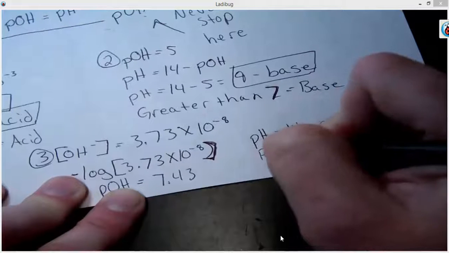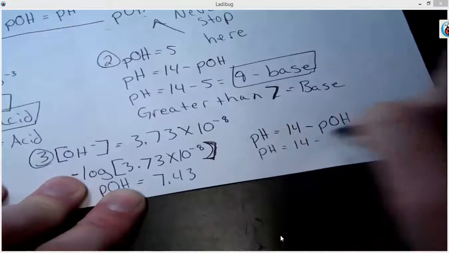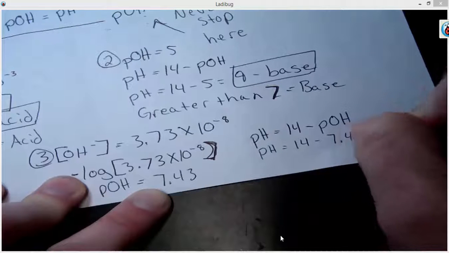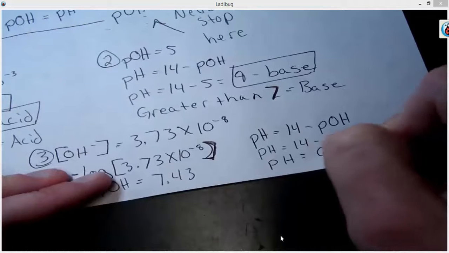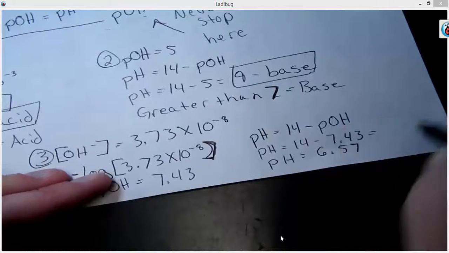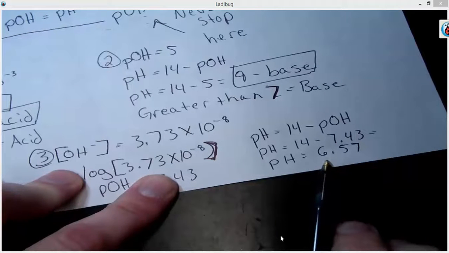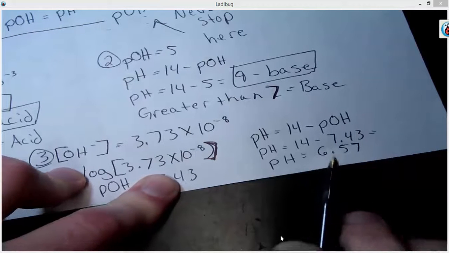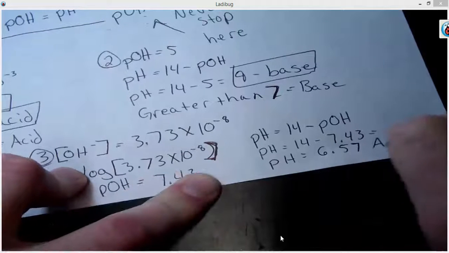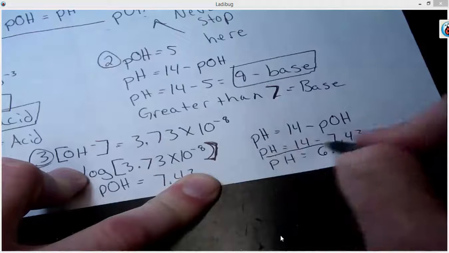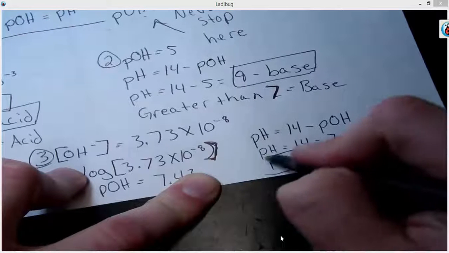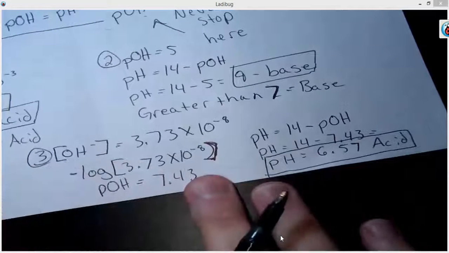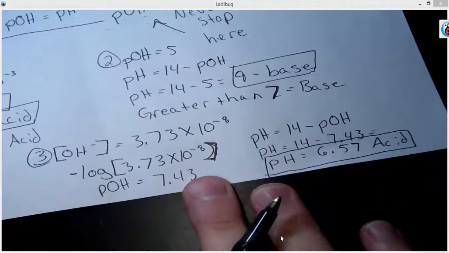So pH equals 14 minus 7.43, or 6.57. And since this is less than 7, it's very close to 7 but still less than 7, this is still considered an acid. Okay, and those are our calculations for acids and bases. They look a little scary at first, but once you get the hang of them, they're pretty easy.